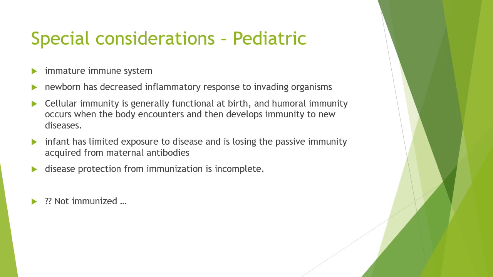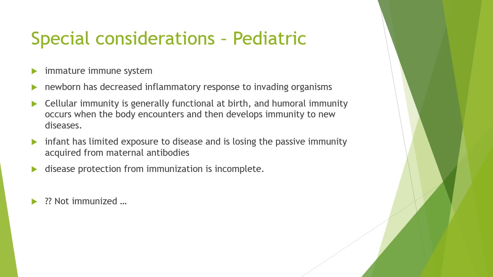An infant that's less than 3 months, if they get really sick, they're more likely to have hypothermia, so inability to maintain a normal temp in response to invasions. Cellular immunity is functional at birth, and humoral immunity occurs when the body encounters and then develops immunity to new diseases, right? So the baby hasn't been exposed to all these diseases yet, so has not developed immunity to them.